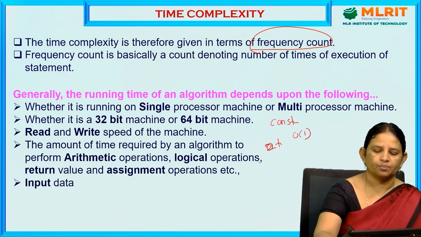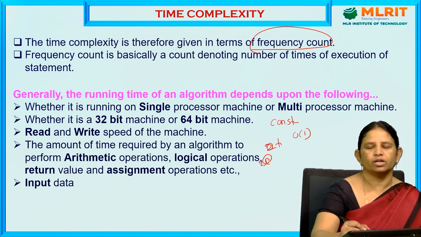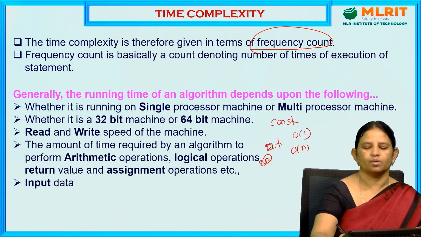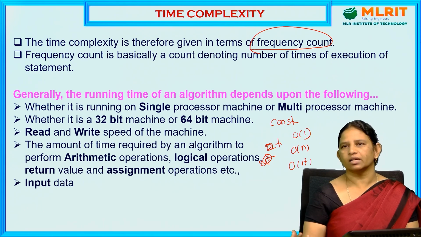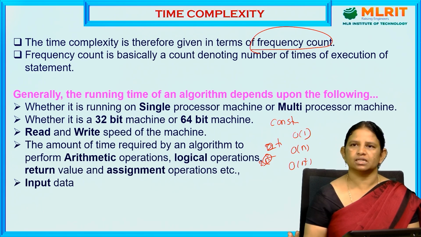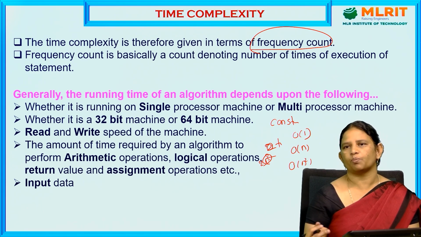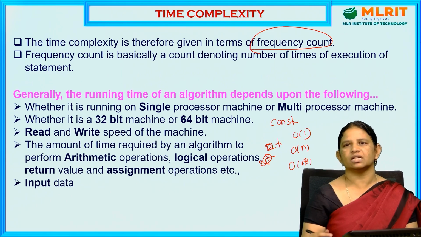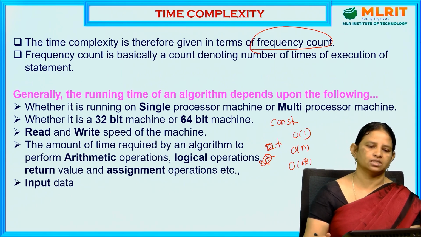Suppose the algorithm takes 2n, we take n as the time complexity, that is big O of n. If it is n square, the time complexity is big O of n square. So there are logarithmic time complexity, constant time complexity, square time complexity, or big O of n cube time complexity. There are different types of time complexity.